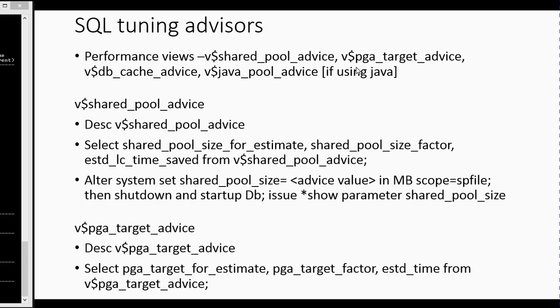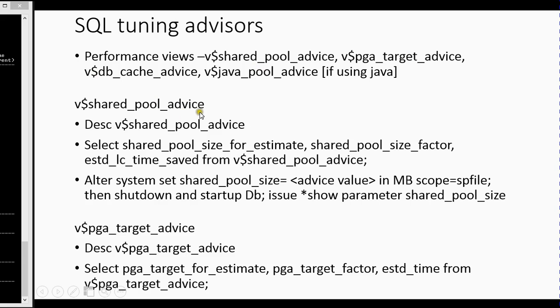Next is V$PGA_TARGET_ADVICE. Third is V$DB_CACHE_ADVICE. And the last one is V$JAVA_POOL_ADVICE, and that's if you're using Java once again. You can kind of get a sense of which advisor is for which component. Obviously, it's the shared pool, PGA, database buffer cache.